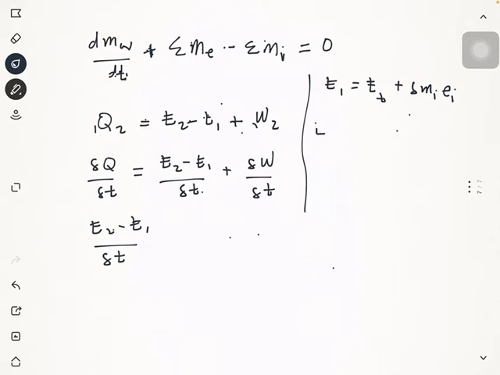Also we have E2, which is E_t plus the differential of t, plus the mass m_e and the energy at the exit, e_e.